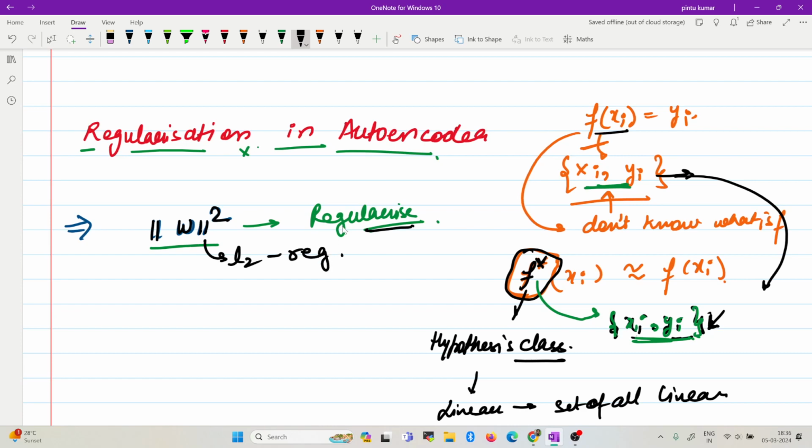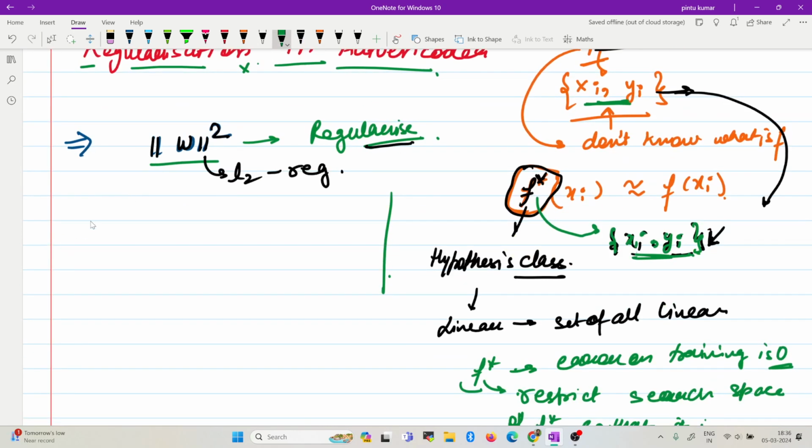The idea behind L2 regularization is this: let's say you had some loss function L of theta to begin with. This can be squared error or cross entropy, whatever you define, that's up to you.